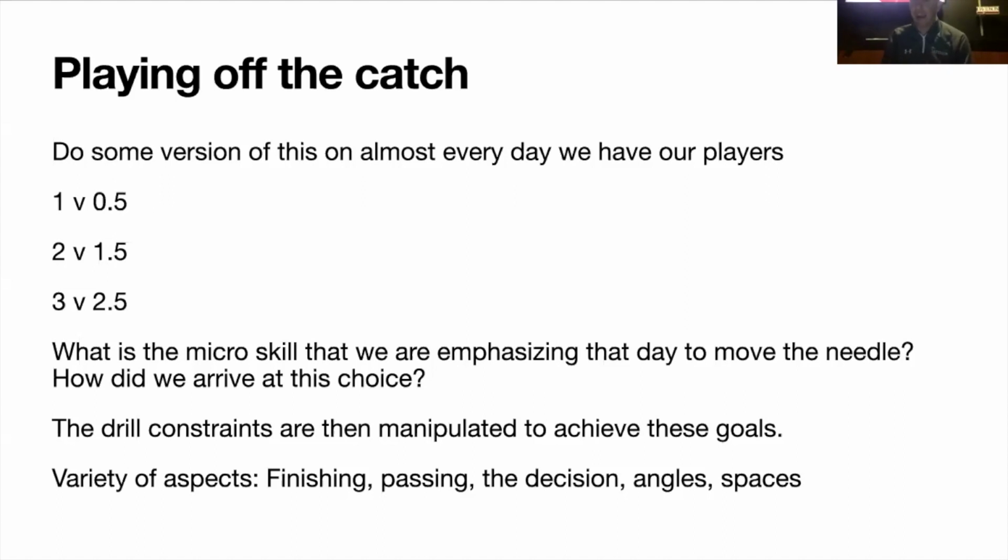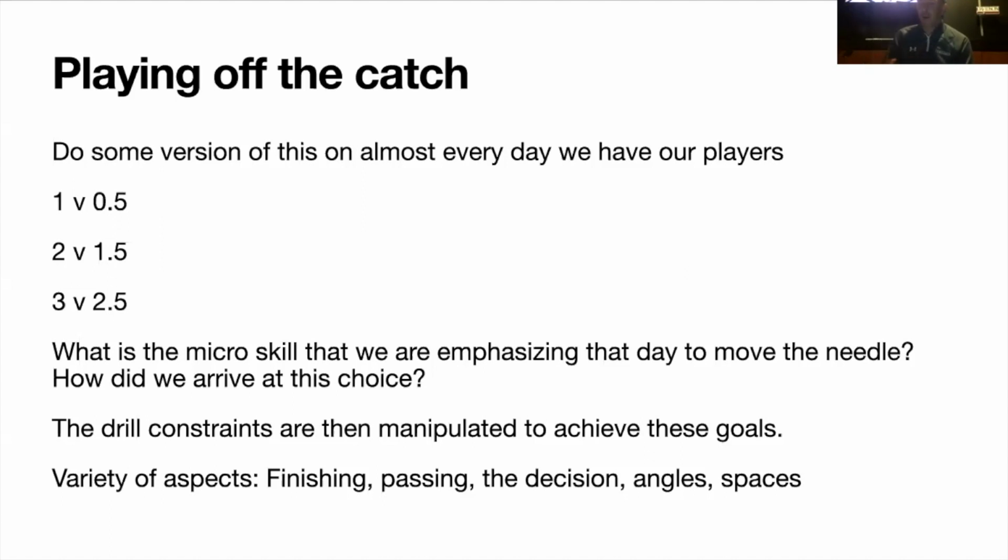We weren't making great first touch choices, as a soccer term. And so maybe that's what we're going to focus on in our playing off the catch segment for that day. Maybe we're just finishing really poorly, so we're going to put them at an advantage and see how we can go about finishing. That might be from film from previous games or earlier in practice, or feedback from our players. Hey, I'm having a hard time at this. And I think talking to your players about which pieces they're struggling with is really important.